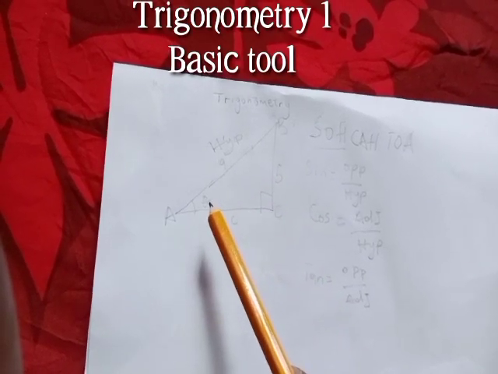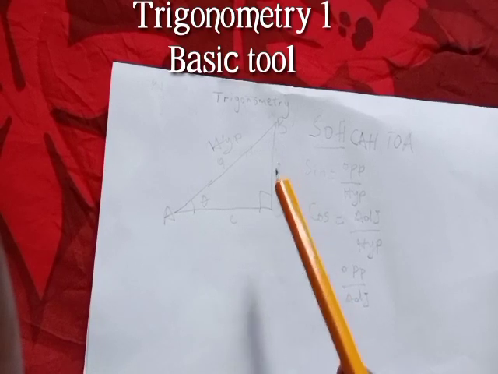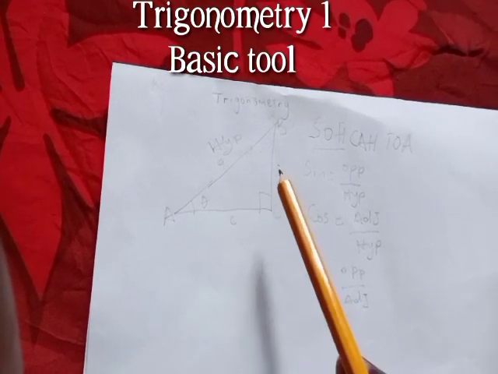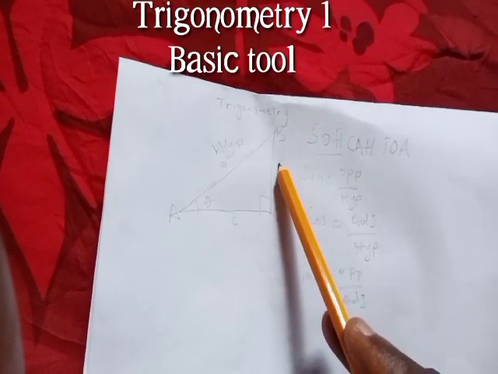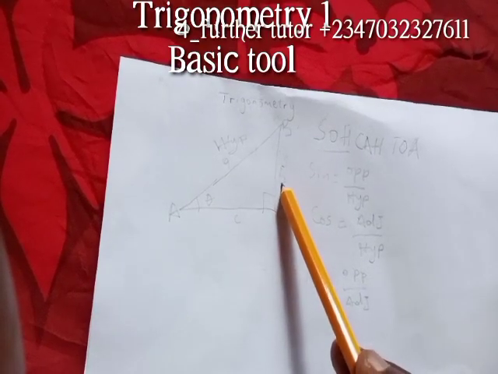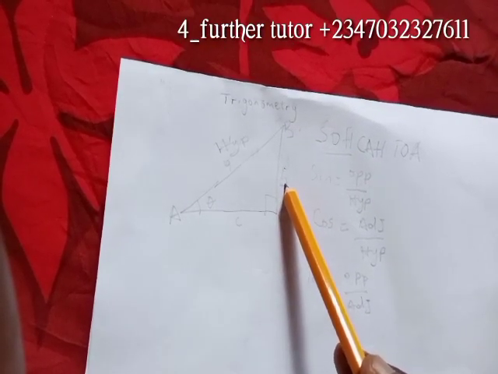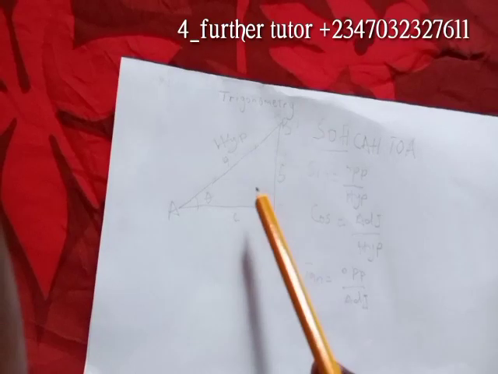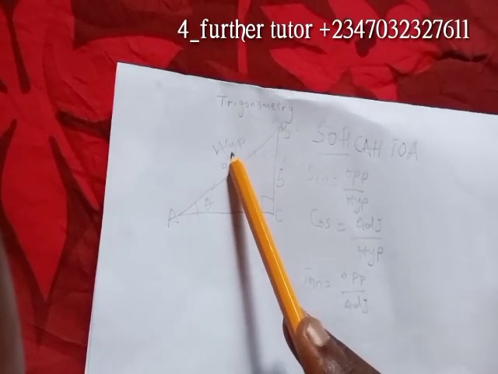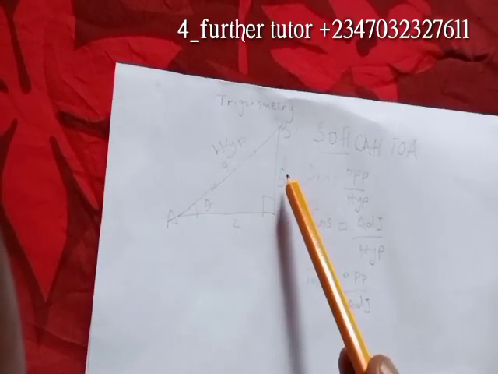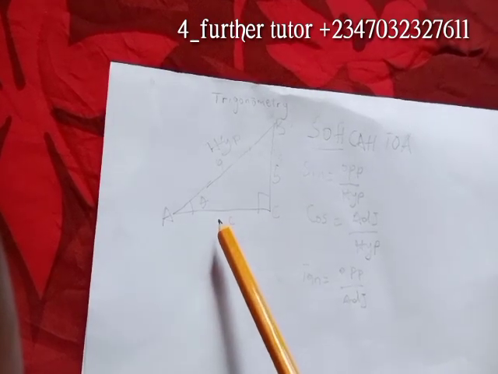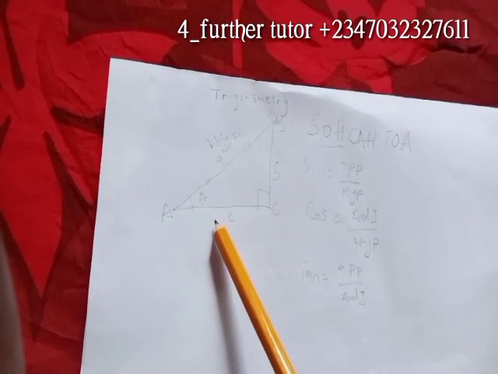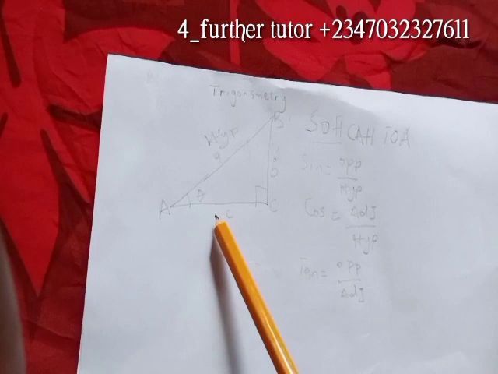Anywhere my angle is facing, apart from this right angle, becomes my opposite. We've already labeled this b, which means my opposite is b. And if I have my hypotenuse here and this is my opposite, automatically this becomes my adjacent. Is that clear? Okay, and that's that.